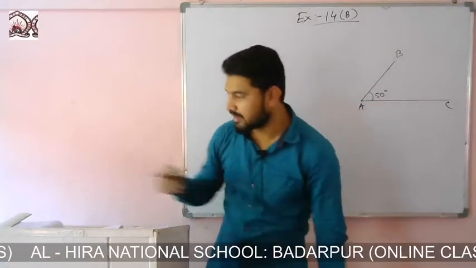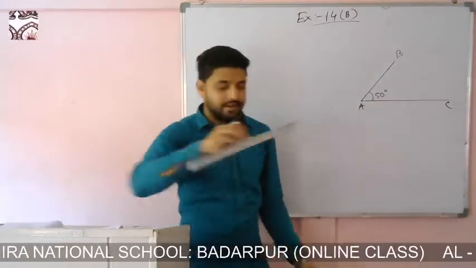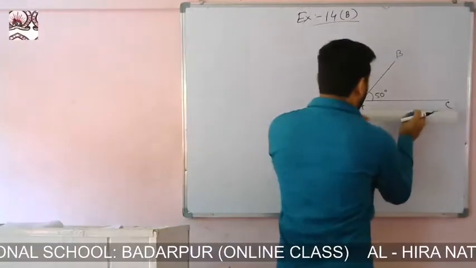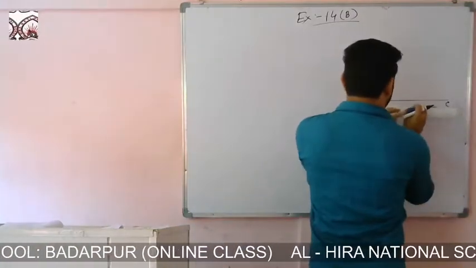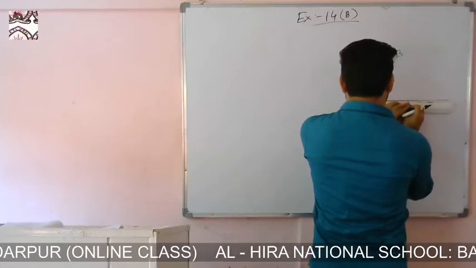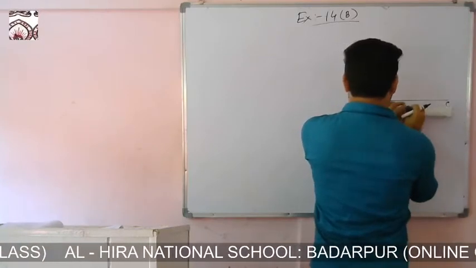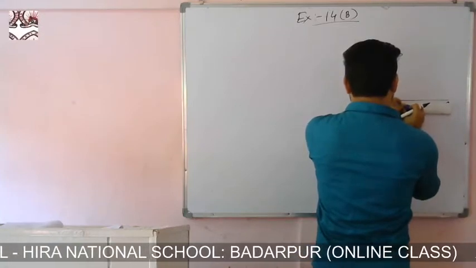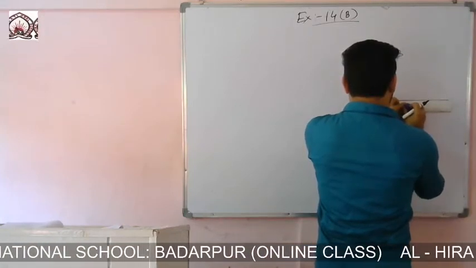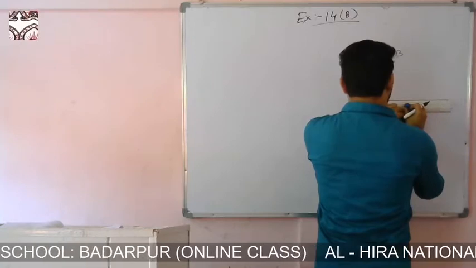So from the scale, you take the measurement. You place the scale and take 4.5 centimeter.